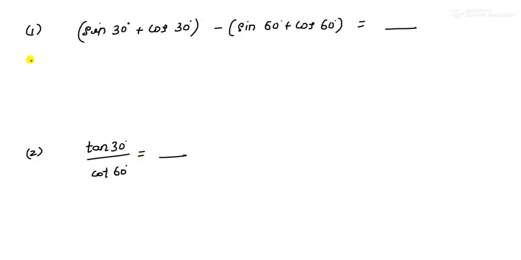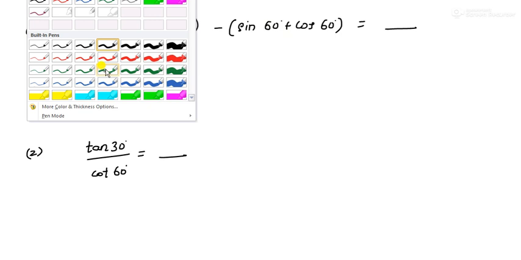So here I have taken two questions, the type of question which you may get in your exam. They will be similar to these. They have given, find the value of sine 30 plus cos 30 minus sine 60 plus cos 60. So you have to write the values first. What is sine 30?